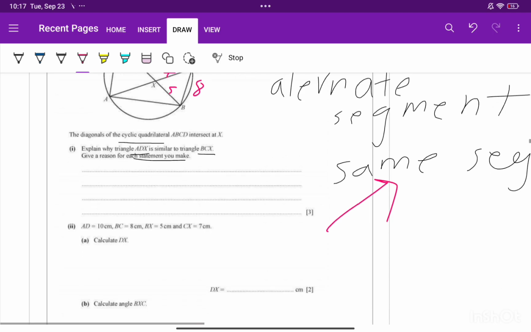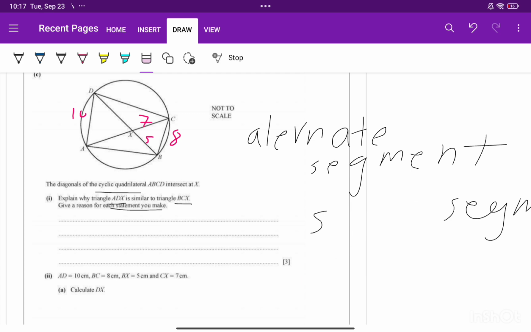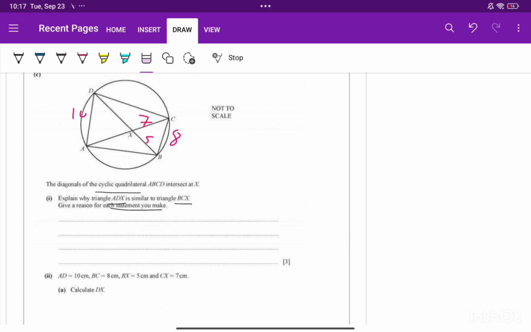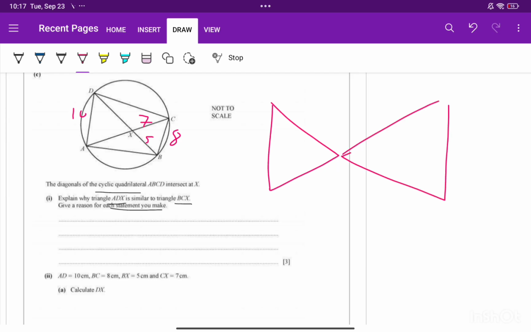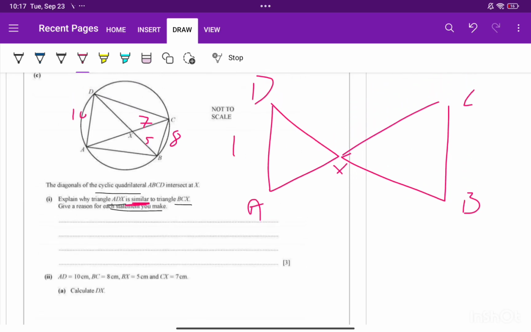As we know, triangle ADX is similar to XCB.